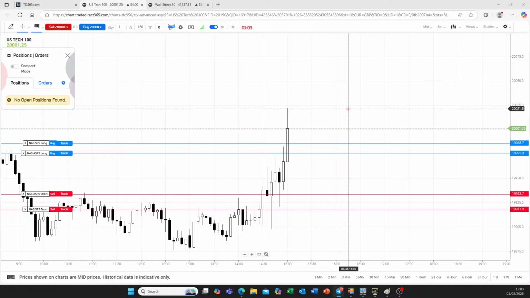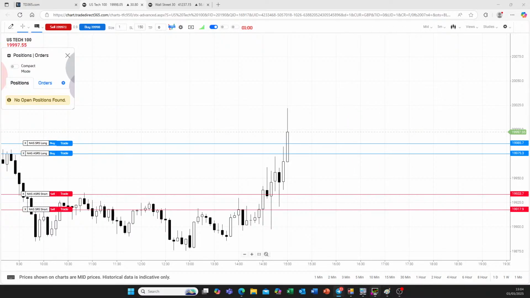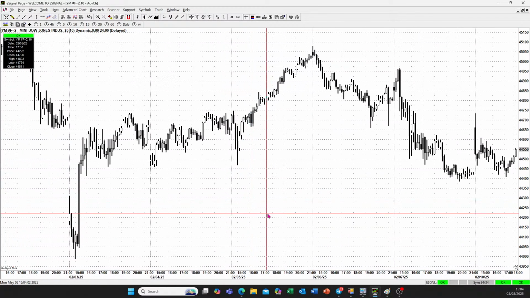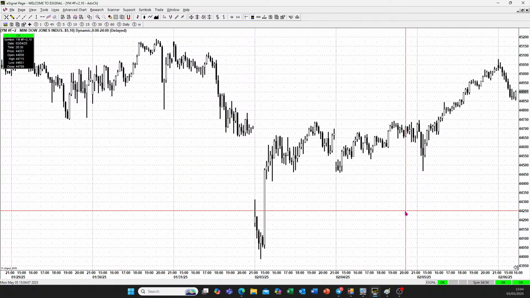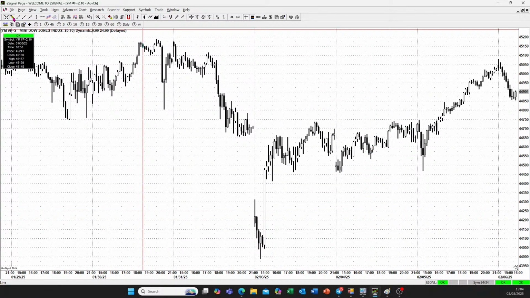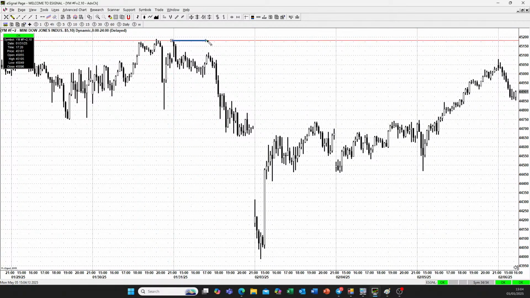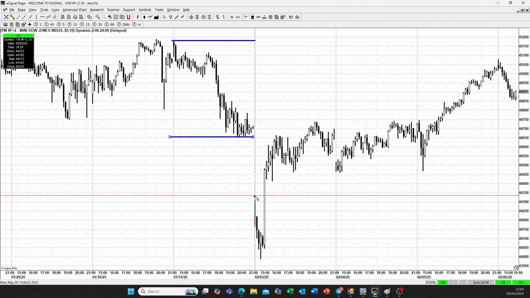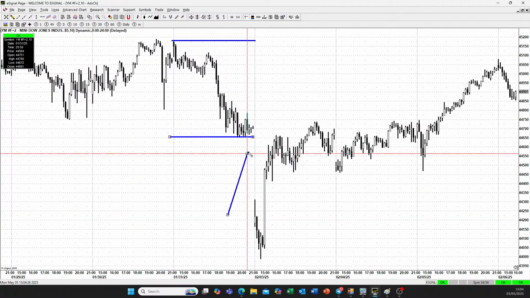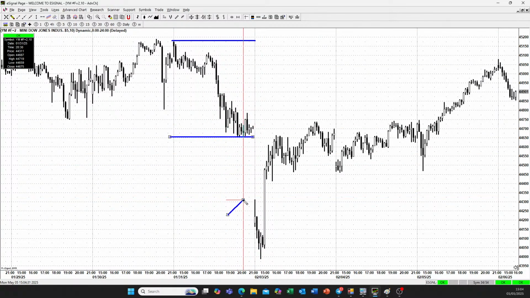But how do I do it? There's no method to it. Do you know how I backtest? I ask myself a hypothetical question. So for example, this one would be a good one. When there is a gap in the market, and that gap means that you are opening below the range or above the range of the previous trading day, how is the market likely to react?